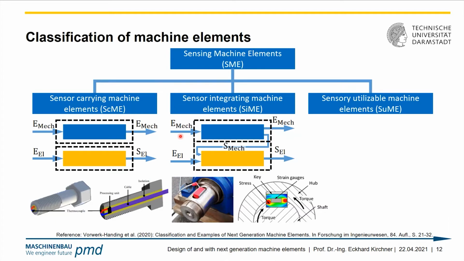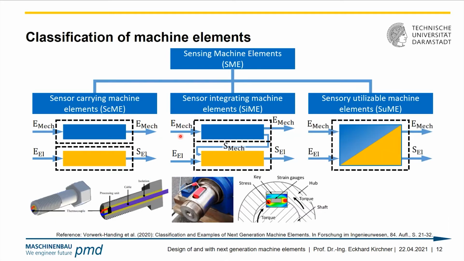With the sensory utilizable machine elements, we can't really distinguish between the mechanical function and the signal generation. It's basically a part of the machine element which is used as a sensor. And here the example shown is a hydrodynamic journal bearing.